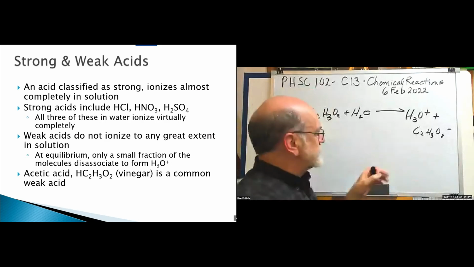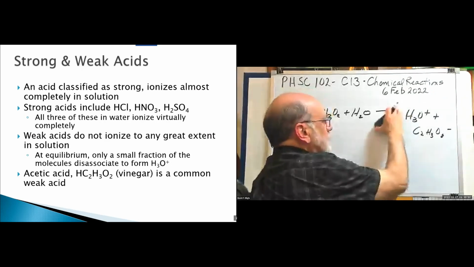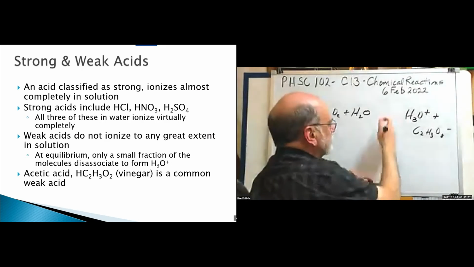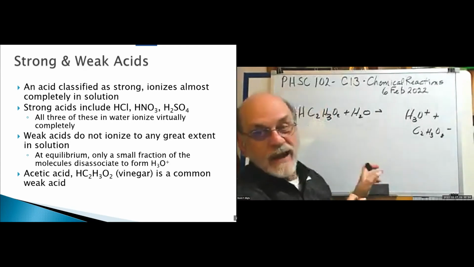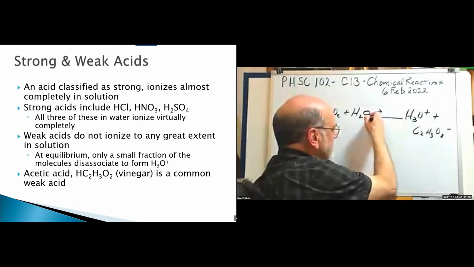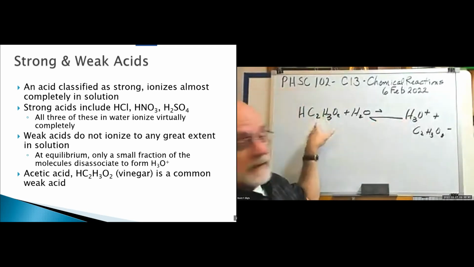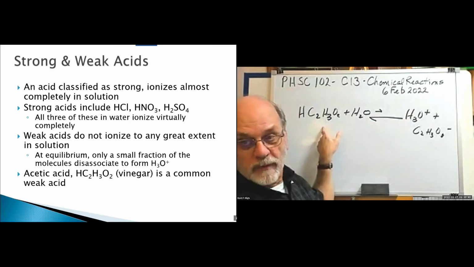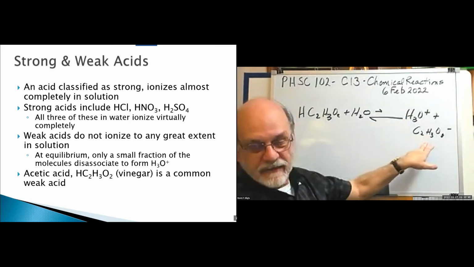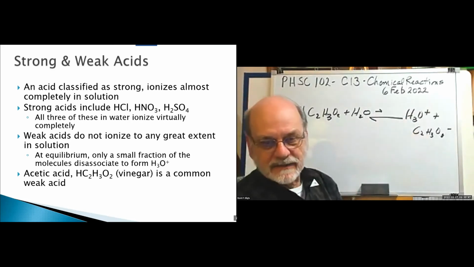But for weak acids, we can represent it this way, with a tiny arrow that way and a big arrow that way, which means it's mostly in that form and only slightly in that form. That's a weak acid.